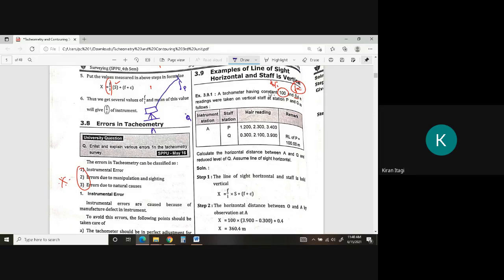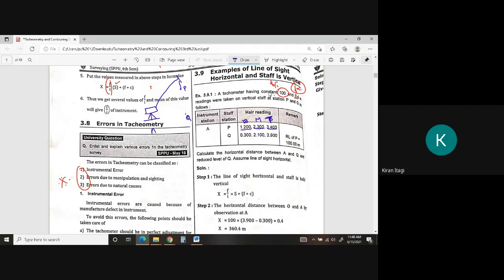I have got readings as 1.20, 2.30 and 3.40. Sorry, that is bottom, middle and top.